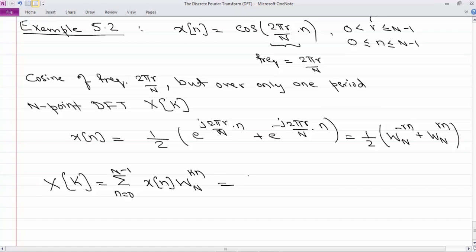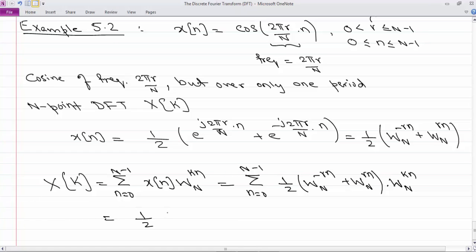Now I plug in the value of x of n, so that's n from 0 to N minus 1, 1/2 times W_N to the minus rn plus W_N to the rn, times W_N to the kn.